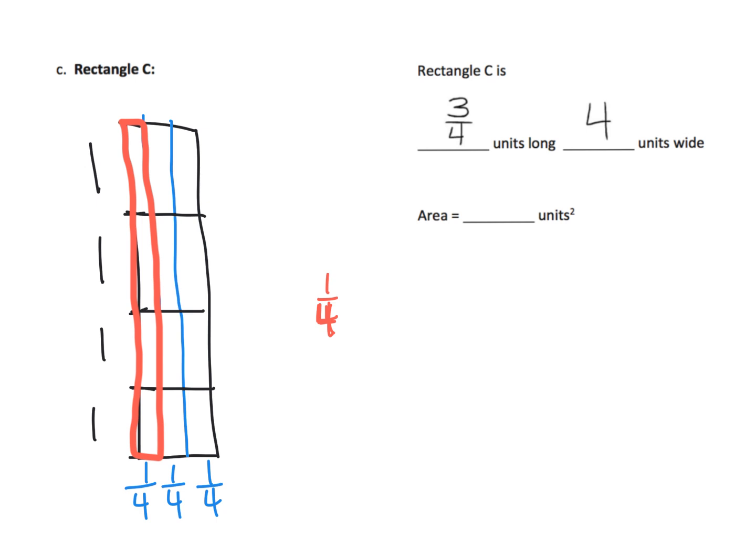And similarly, this piece right here is 1 whole square unit, because the fourths put together equal one full square unit. And then lastly, right here, this is 1 full square unit. So our answer is 3 square units.